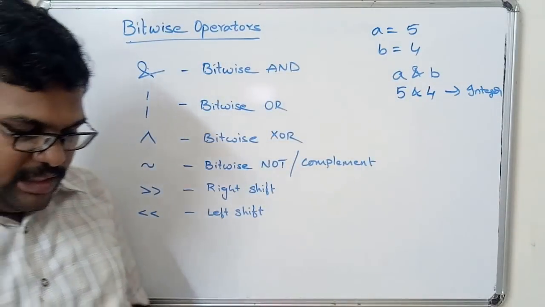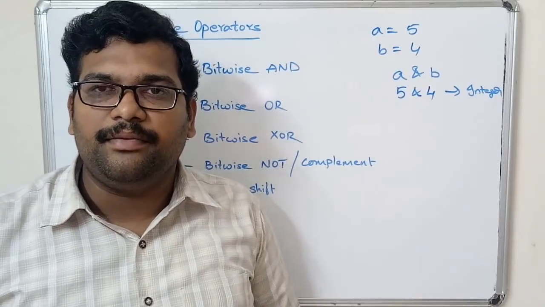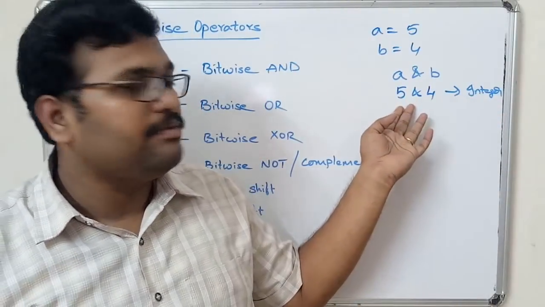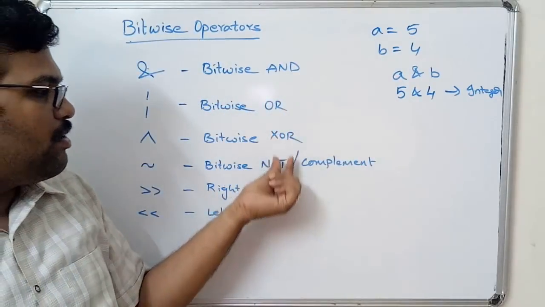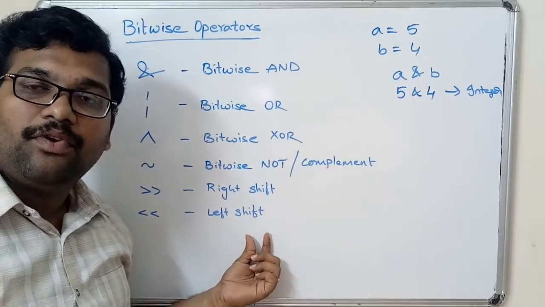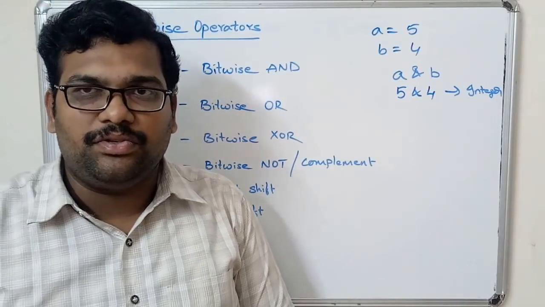Before going to this, we have to learn the conversion of decimal to binary. Decimal means our integer values, and the AND, OR, XOR, NOT, right shift and left shift operations are performed between binary values.